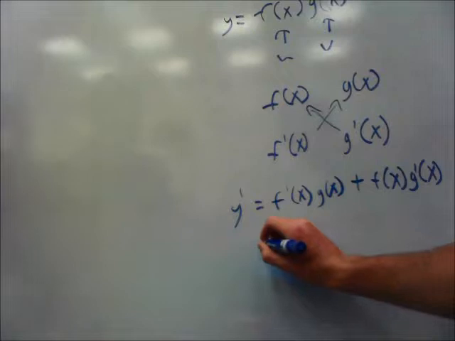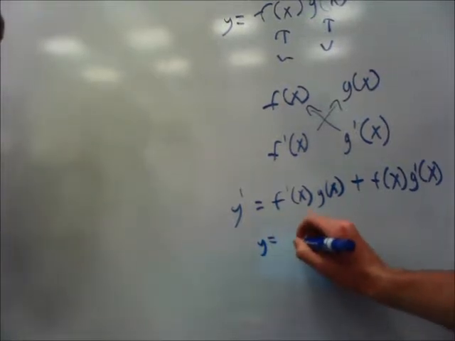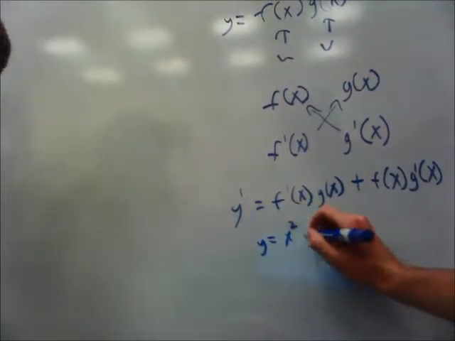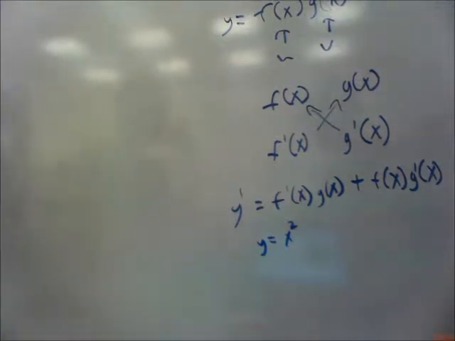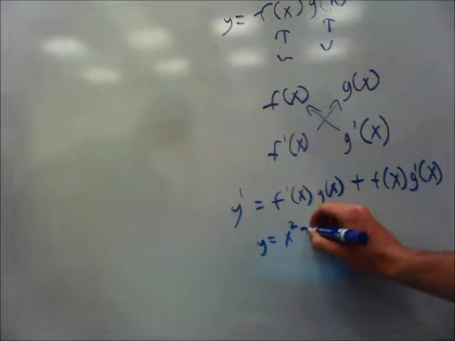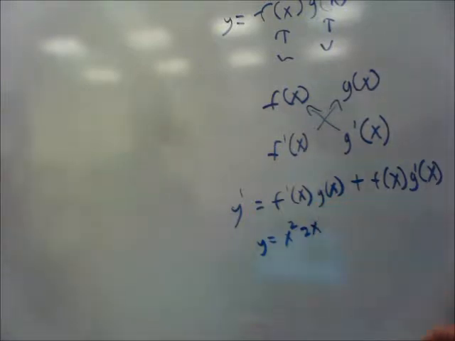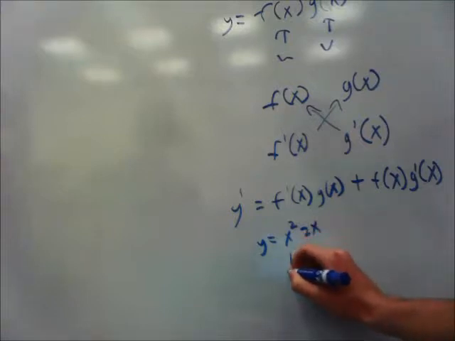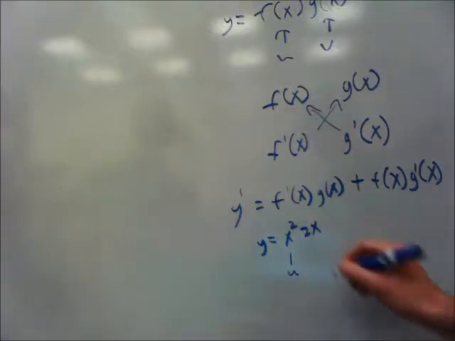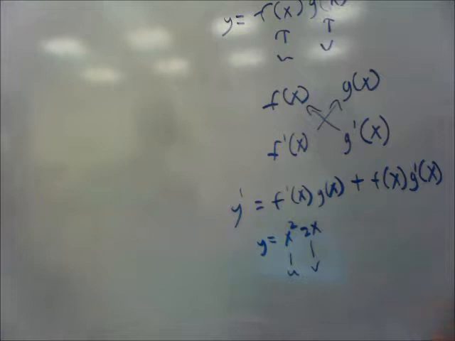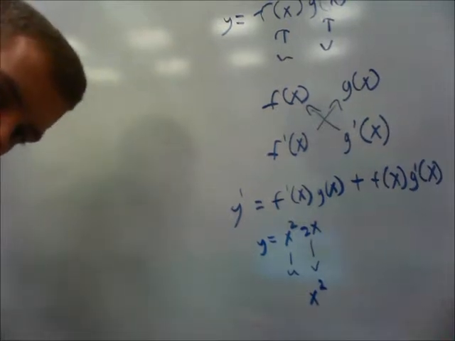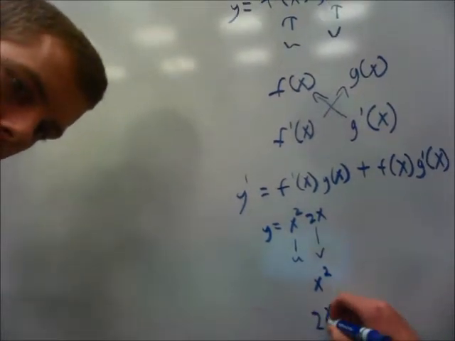Let's say your function is y equals x squared times, why don't we go with 2x. Pretty simple, pretty basic. So to find your derivative here, you're going to take u or f of x if you prefer, and v or g of x if you prefer, and you're going to say x squared, the derivative of that is 2x.